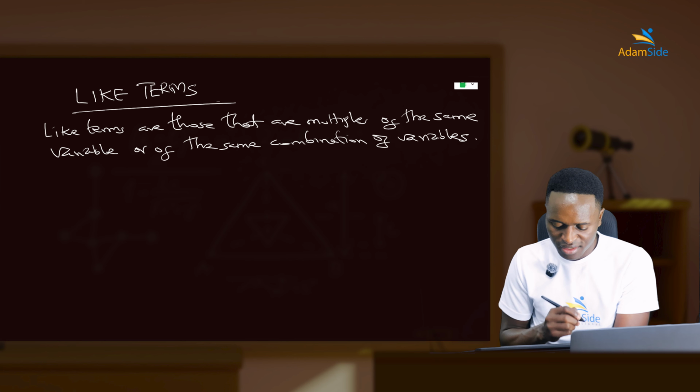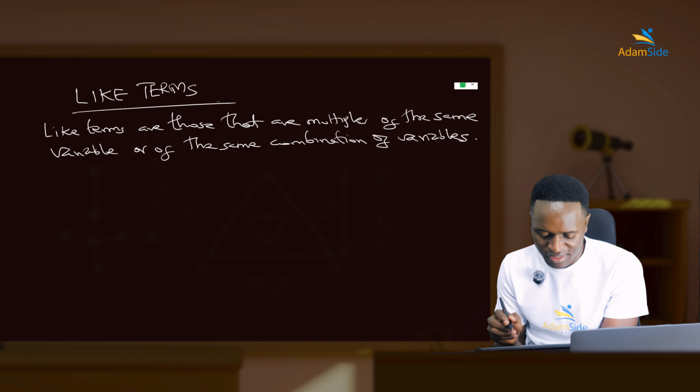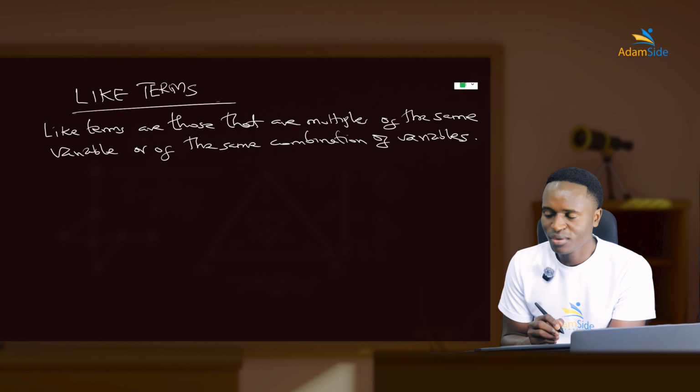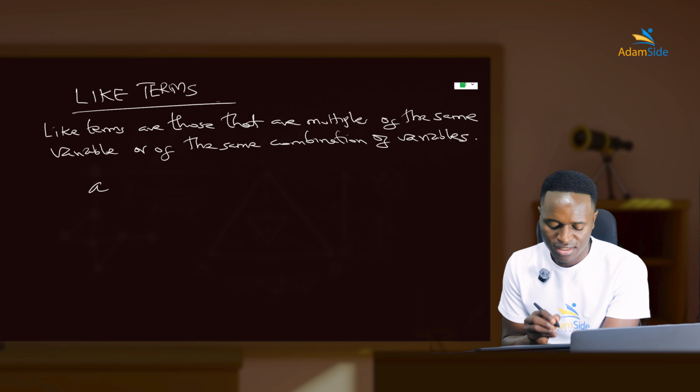Yeah, so you say like terms are those that are multiples of the same variable or of the same combination of the variable. For example, you can say a is a variable.